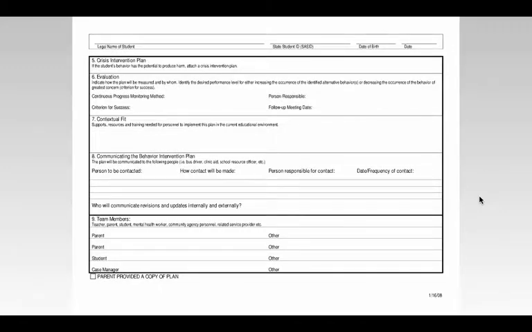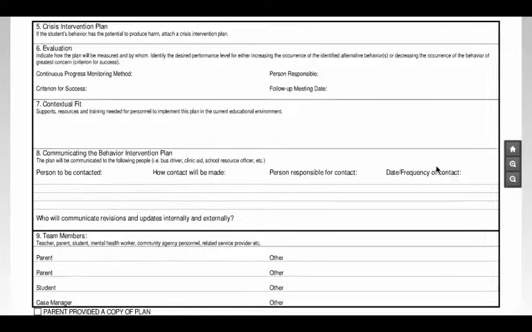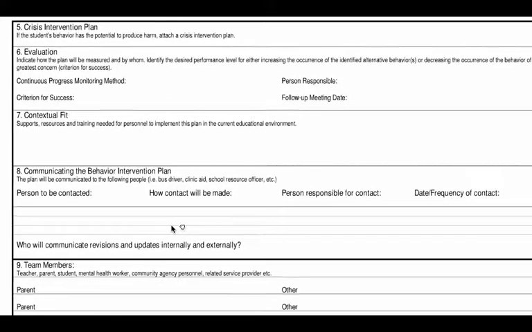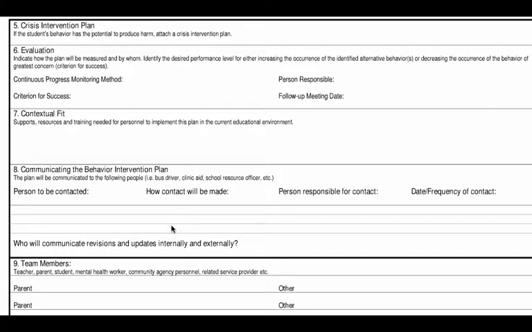And then in the fifth section, your crisis intervention, what I also refer to as a safety net intervention, is identified. Then in the sixth section, you're indicating how your plan will be evaluated. Indicate what will be measured and by whom. Identify the desired performance level that you're looking for in terms of your goal and objective.